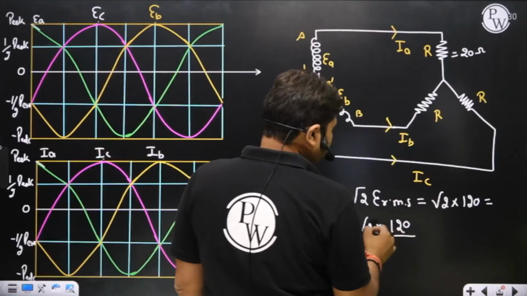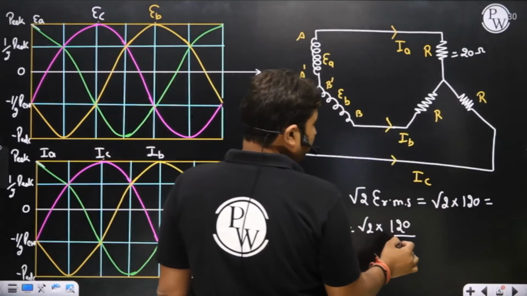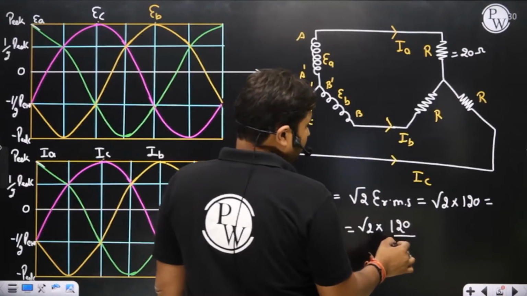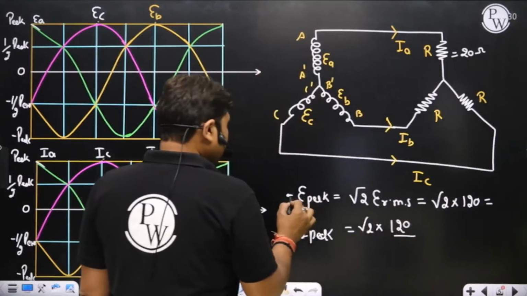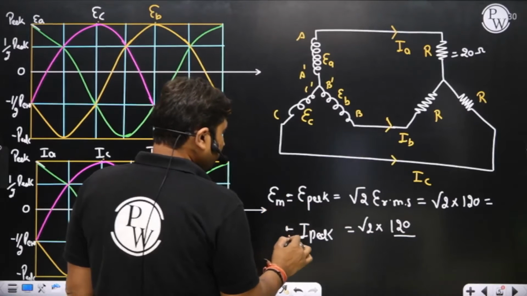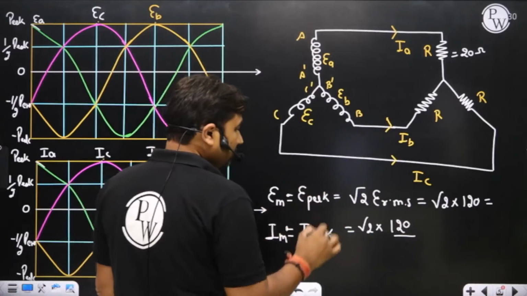So we know the effective current. Effective current multiplied by root 2 will give you the peak current, that is the maximum magnitude of the voltage or the maximum magnitude of the current.